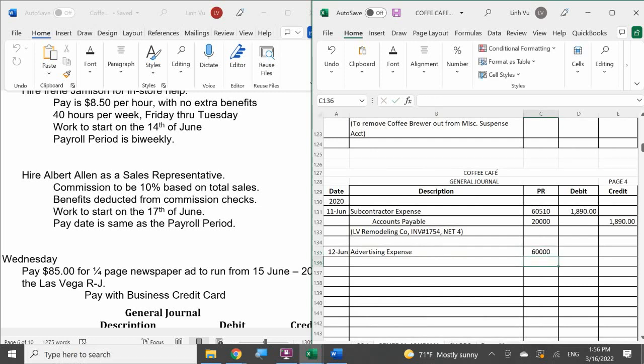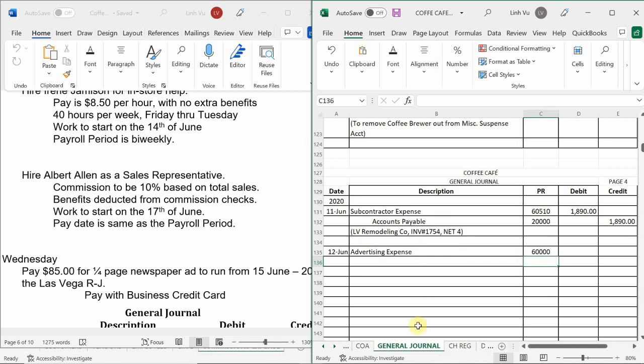Now in this case, I used my business credit card. So if I use my business credit card, what is a business credit card considered?